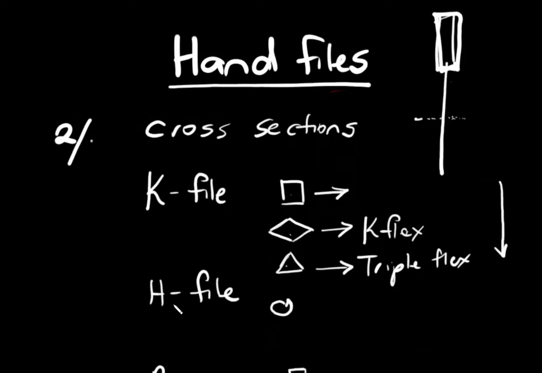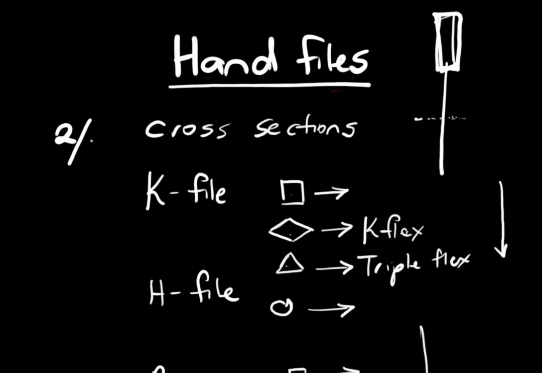And then you have an H file. It is reasonably flexible, but principally used for rapid enlargement of the canals rather than for flexibility. And then you have Reimers, and the Reimers are very similar to a K file or a square K file. The only difference is the number of flutes in the file.